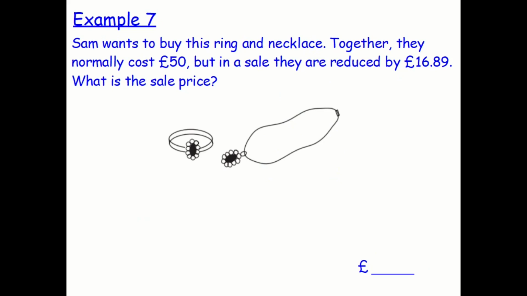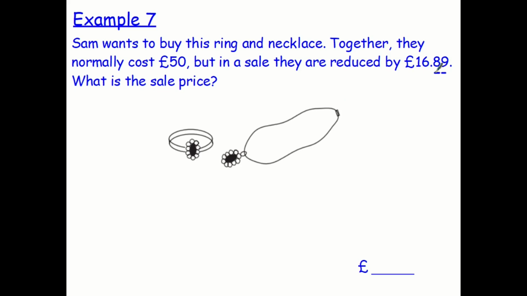Okay, example 7. Sam wants to buy this ring and necklace. Together they normally cost £50, but in a sale they are reduced by £16.89. What is the sale price? So there's that keyword there, reduced. If it's reduced, it means you subtract. So I'm going to do 50 here, but I can see that this has 2 decimal places after the decimal point there.